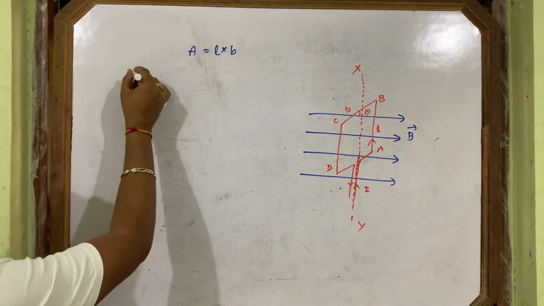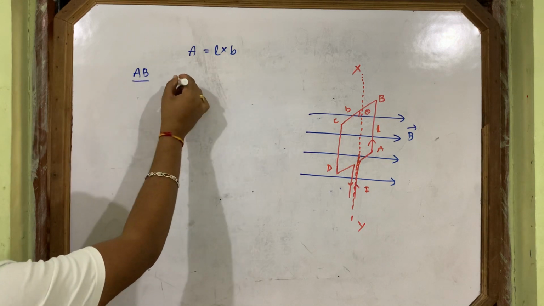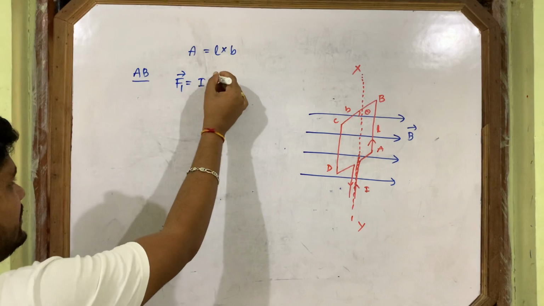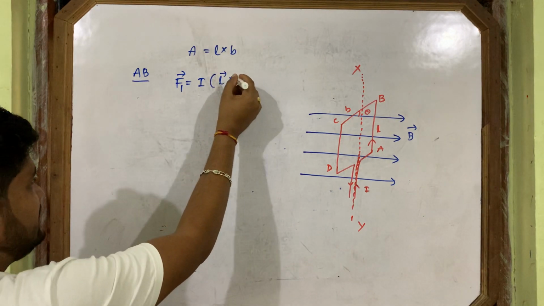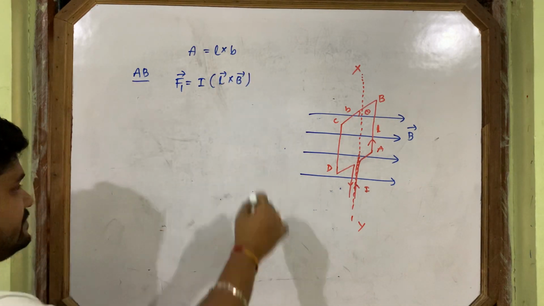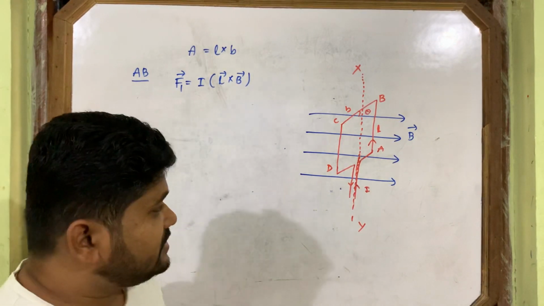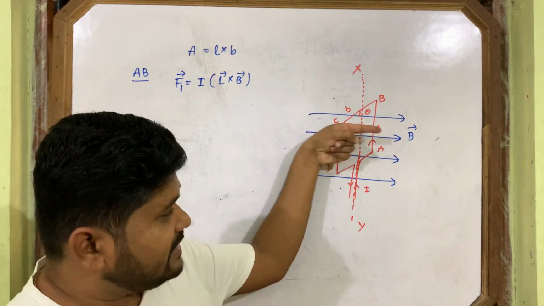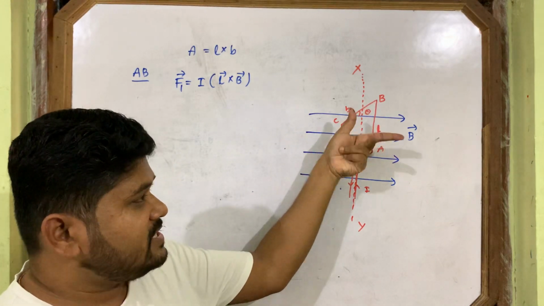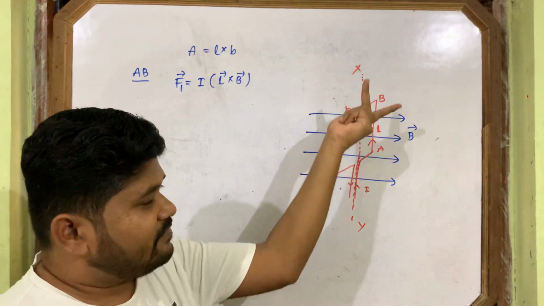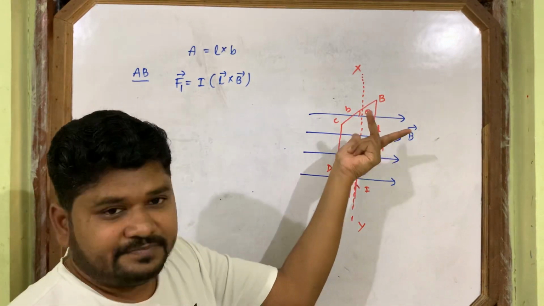Force on AB. First find force on AB. F1 vector is I into L vector cross B vector. And where is the direction of force? Left hand rule. This is the magnetic field, and this is the current, upward direction current. Force is inward.